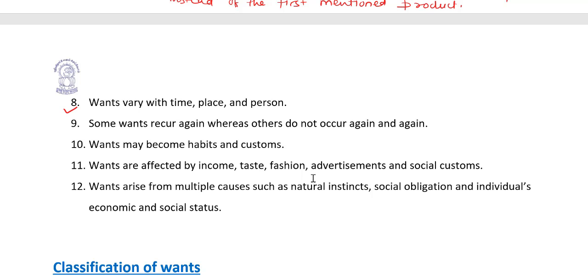The next concept is wants vary with time, place, and person. So it may happen that in the morning you want something different, in the evening you want something different. Want may also change when the place or location changes. And it also differs from person to person as we have mentioned.